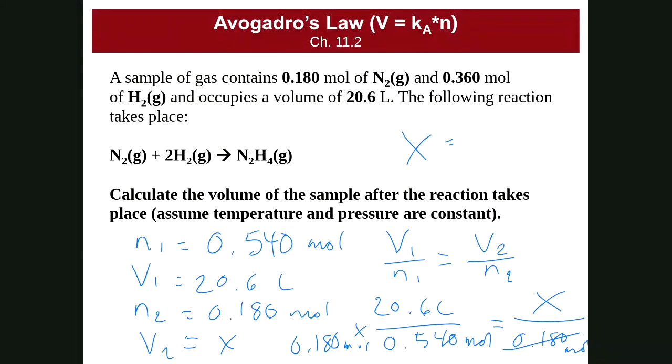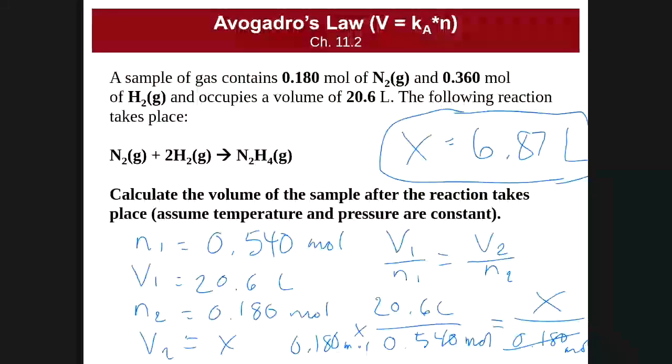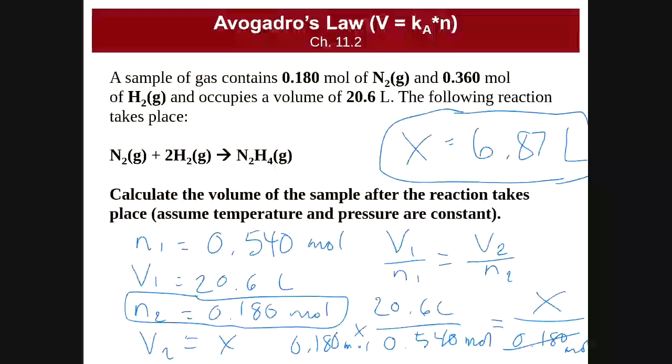So X is going to be equal to 6.87 liters. Let's think about if that makes sense. So we decreased our moles of gas from 0.54 to 0.18 moles. So because they are directly related, we also decreased our volume. So that's how we do that.